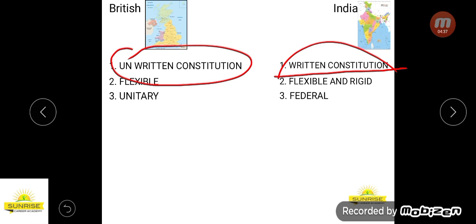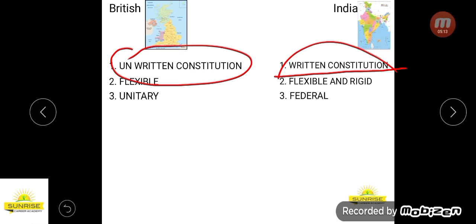They did not write any document or print any pages or rules, like a written constitution, which is usually the product of a constituent assembly. In the past, there was no constituent assembly in Britain, but in India we have a constituent assembly that drafted our Indian constitution.